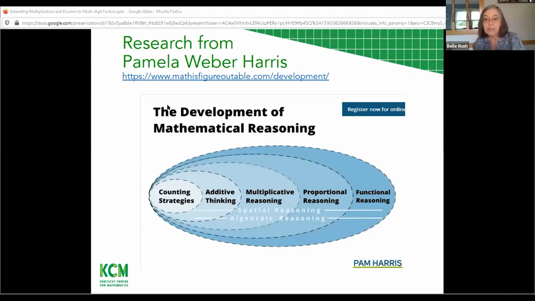So we want to move kids through these phases, through this continuum, not let them get stuck where they're still counting. You know, we don't want 8th graders still counting things. We want them to see that multiplicative thinking, and we want to move them along to proportional and functional reasoning. And all of that is helping kids with their algebraic thinking. So that's that continuum. We want to move them along.